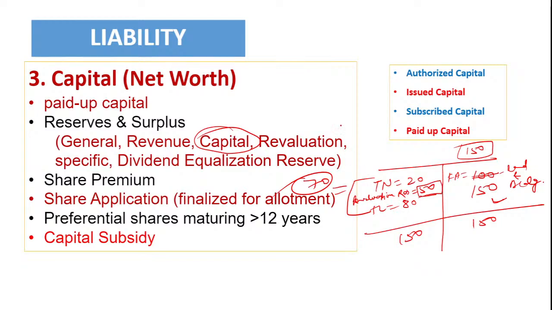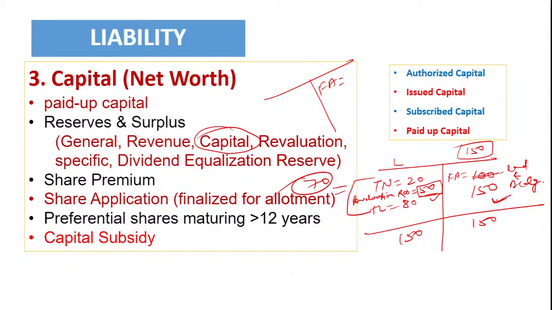So whenever you are assessing any company, friends, just to arrive at the actual position of the company, what you are supposed to do is this. If you receive a balance sheet where the fixed asset price is 150 and revaluation reserve is 50, it should immediately strike your mind that the fixed asset price has been inflated, and on the liability side 50 lakh rupees has been incorporated in the form of revaluation.